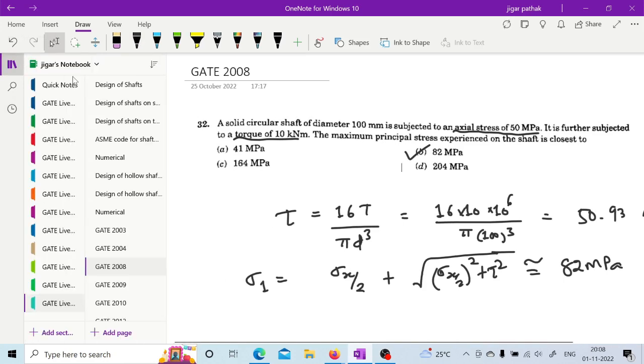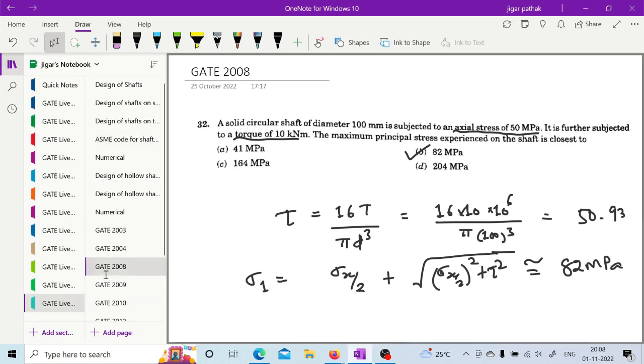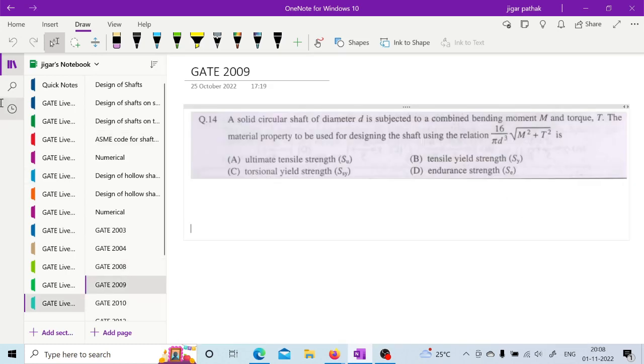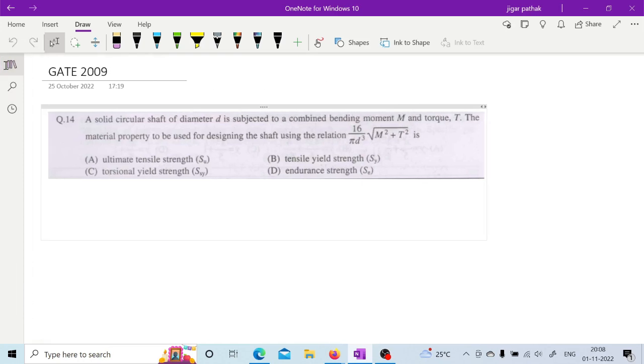Okay, now the next question is from 2009. It is a very straightforward question. A solid circular shaft of diameter d is subjected to a combined bending moment M and torque T. The material property to be used for designing the shaft using the relation 16 upon pi d cube under root M square plus T square is.